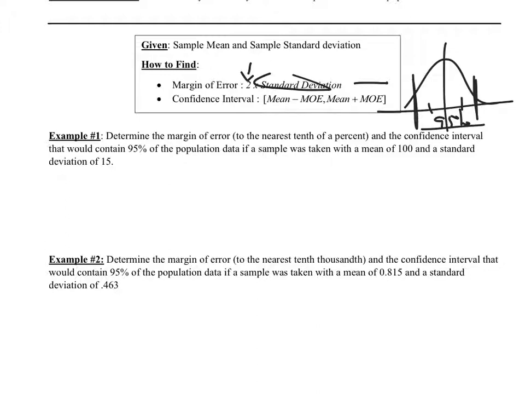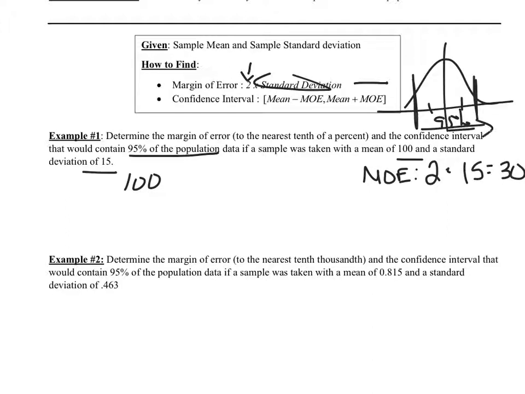Because if I add it to the mean, so in this particular example, the 95% of the population, if the mean is 100, the margin of error is going to be 2 times the standard deviation, or 30. So I'm just going to go 2 standard deviations above the mean by adding 30, and 2 standard deviations below the mean by subtracting 30.